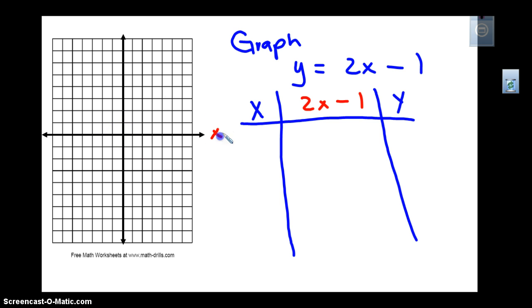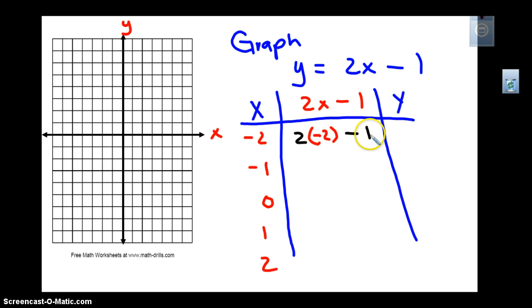Let me label my x-axis and my y-axis. So I'm going to choose, let's say, negative 2, negative 1, 0, 1, and 2. These values that I've chosen for x, I'm going to substitute in the equation. So we've got 2 times negative 2 minus 1. What's 2 times negative 2? Negative 4.